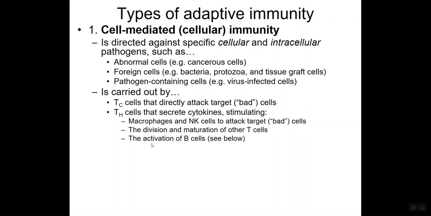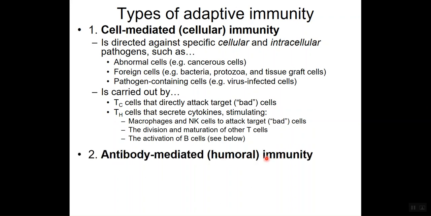And then this is a key link here. You need active helper Ts to activate the Bs, which is the other arm of immunity. Okay? Helper T cells are the link between cell-mediated immunity and antibody-mediated immunity.